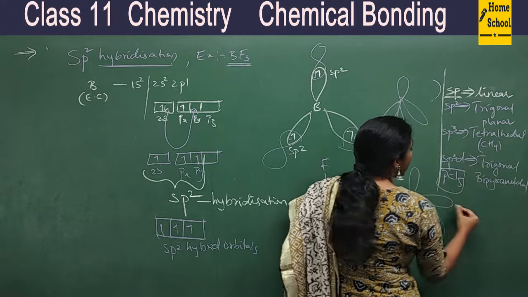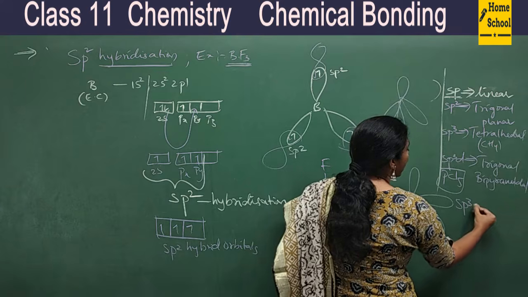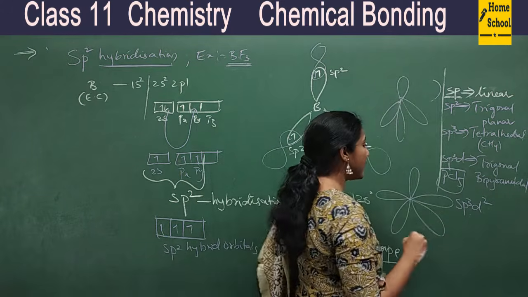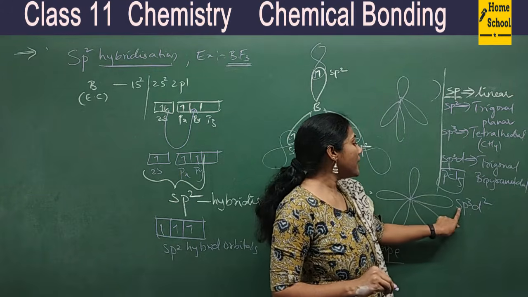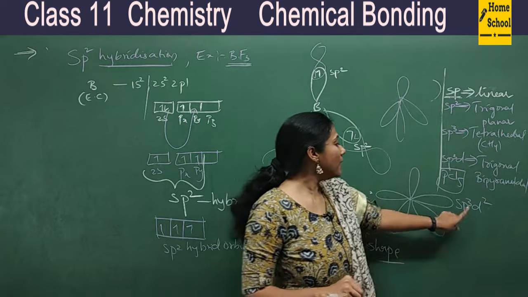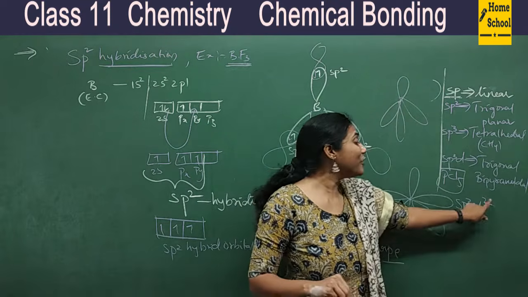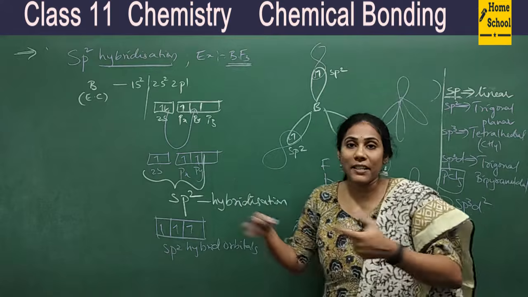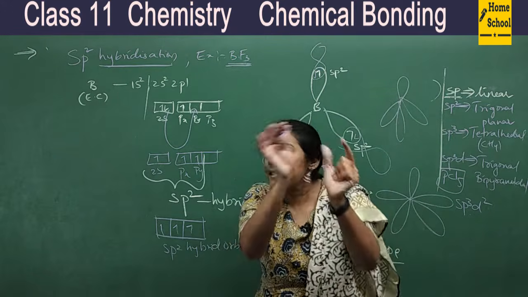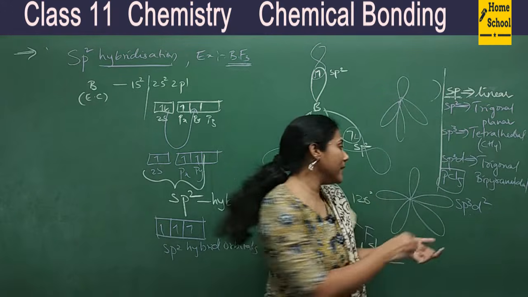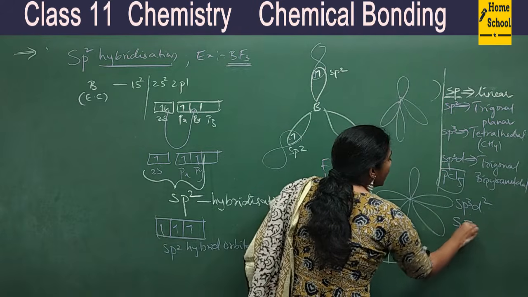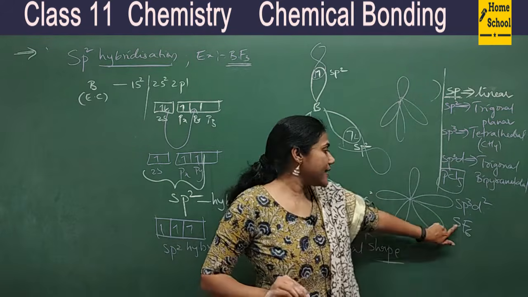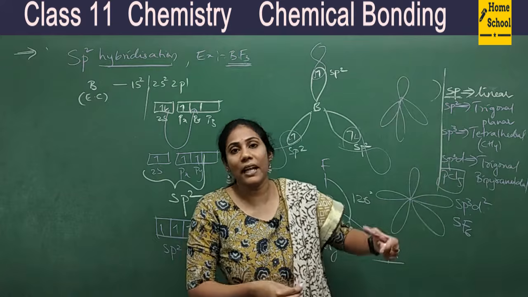Okay. Likewise, you have another type of hybridization, sp3d2. That means you will observe the combination of 1 s orbital, 3 p orbitals and 2 d orbitals for intermixing. So altogether 6 hybrid orbitals you will get. If you have to make a molecule like SF6, S has to provide 6 orbitals, right?